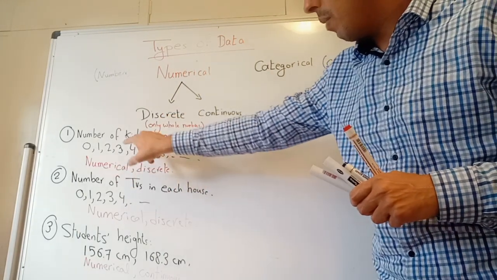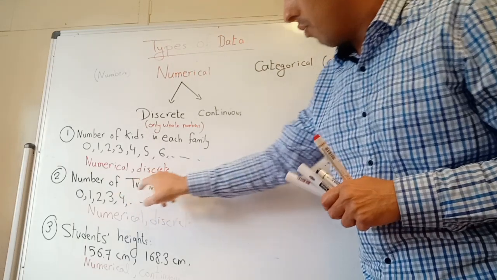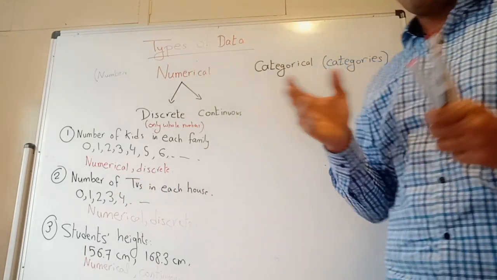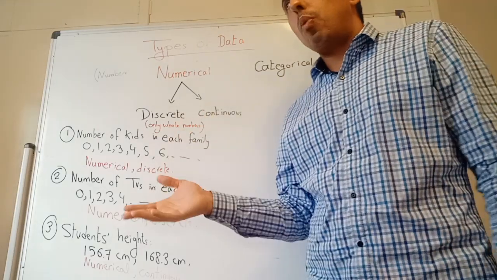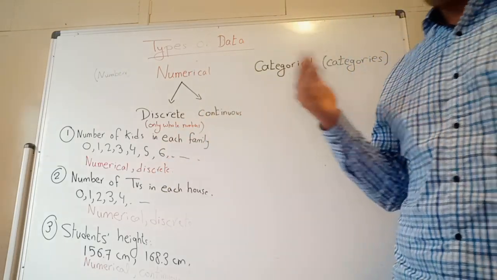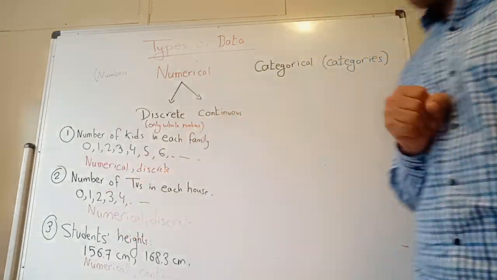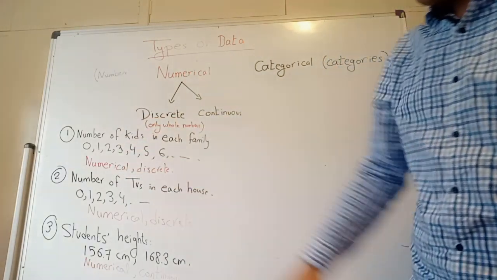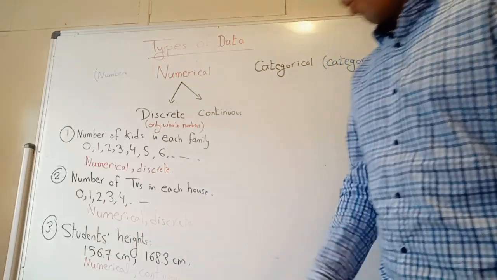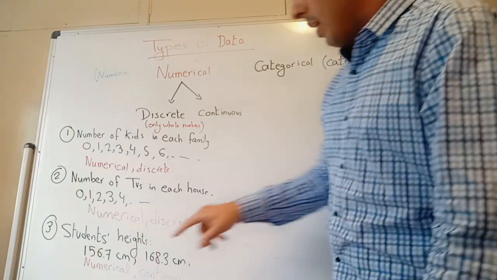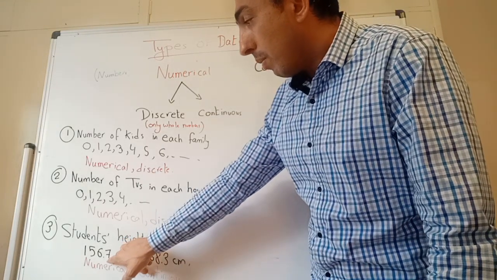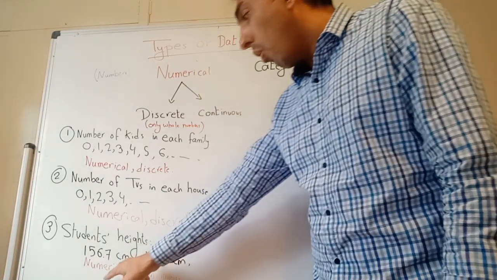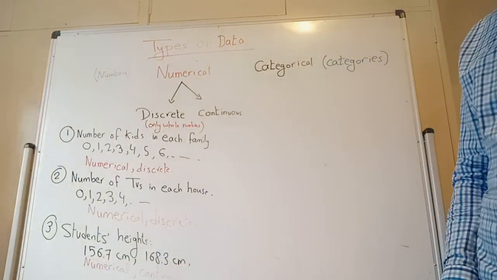Numerical discrete for number of kids, numerical discrete for number of TVs. And if I also ask you about number of cars, it can be 1, 2, 3 cars and so on. Number of books, we can't say half a book or half a car. So only numerical discrete in these cases. Students' heights or even students' weights, it can be 0.7, 0.3, 0.2, 0.5, that is fine. So it is called numerical and continuous. Okay?